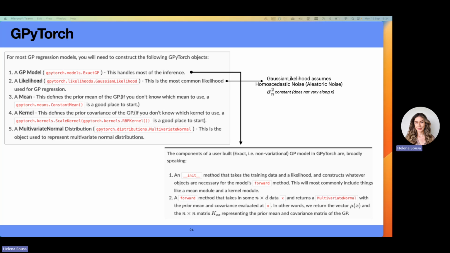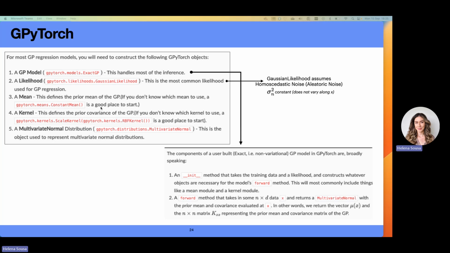We need to define the likelihood as well, and just as a note, this usually assumes homoscedastic noise, meaning the observation noise will not vary along our x. We also define a mean, which is our prior. Usually a constant mean is a good place to start, but a linear mean, for example, is also quite popular to use.